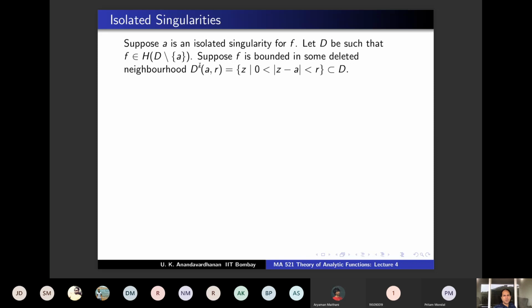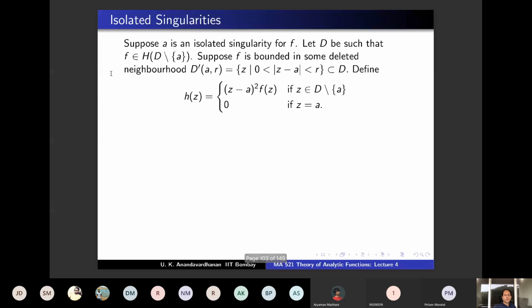D prime A R is all z such that mod z minus A is strictly less than R, that's like the open disk, but it's also strictly bigger than 0. That means z is not equal to A. A is deleted. So suppose f is given to be bounded in some deleted neighborhood. Then I want to say that the point A is a removable singularity. Under this assumption, you want to say that the singularity is a removable singularity.